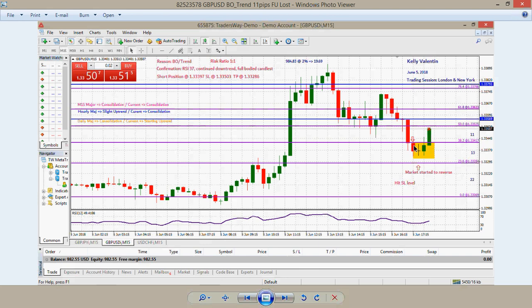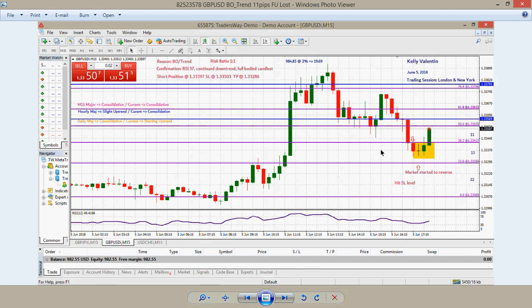So when this candlestick started to form, I entered into a sell position. And then after some time had passed, this little long-legged doji started to appear, and the market started to reverse. I wanted to exit out of the trade, but I did not. I waited to see what would happen, and sure enough, the market did reverse, and it hit my stop loss right here.